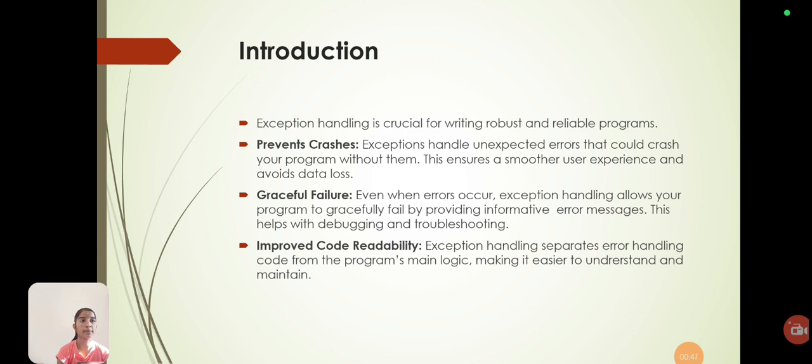Graceful failures: even when errors occur, exception handling allows your program to fail gracefully by providing informative error messages. Improved code reliability: exception handling separates handling code from the program's main logic, making it easier to understand and maintain.